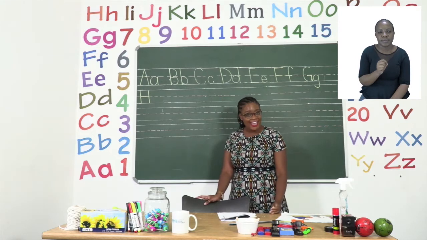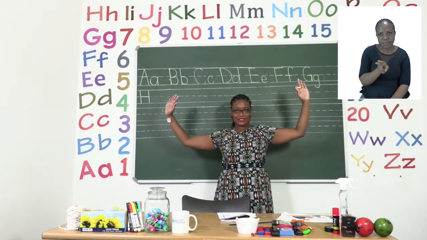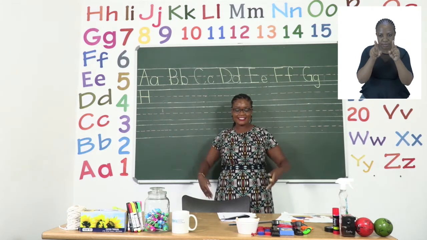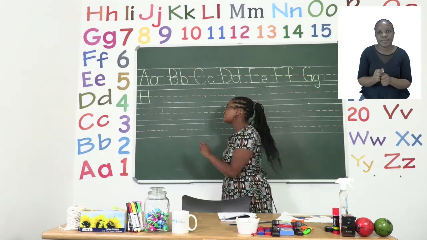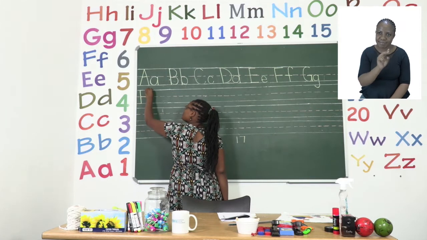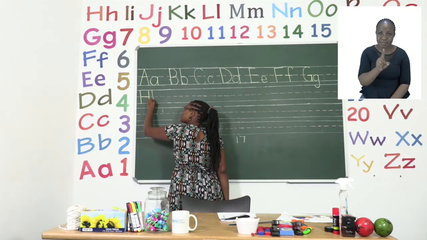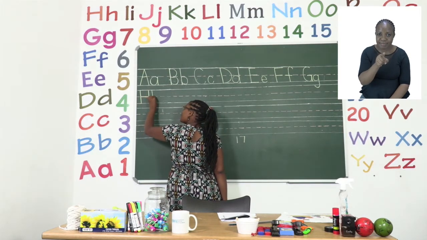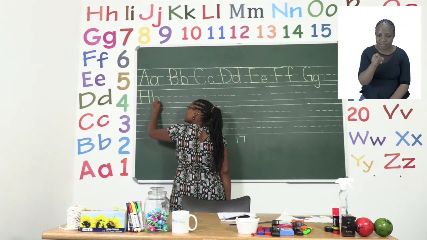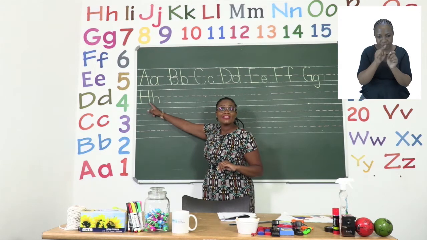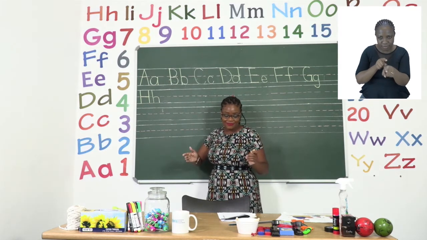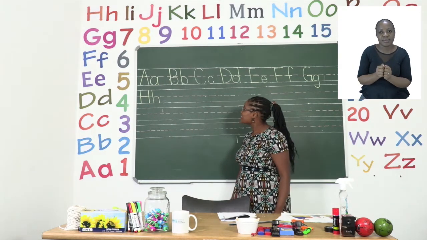So the letter H likes to put both of his hands up and his feet wide apart. Small letter H has a head there going down and round. So his feet have a curve on them, but the big letter H is straight. Let's move on to the next letter.